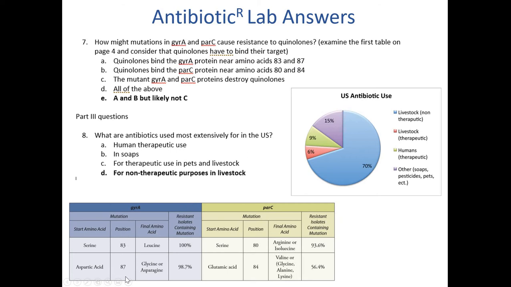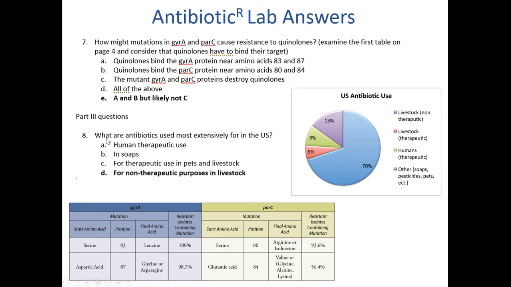That's likely because, if mutations in these positions are conferring resistance, then probably that's where the antibiotic binds near. And then again for PAR-C, near 80 and 84. So A and B are true, but C, these proteins destroy quinolones, there's really no evidence of that. So A and B are likely, but not C.